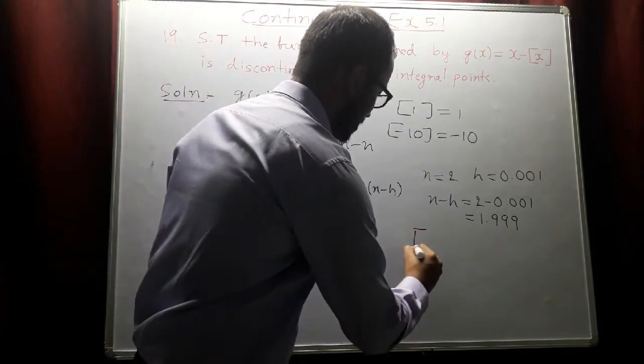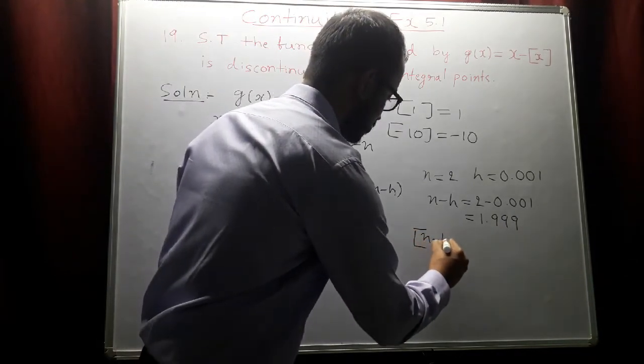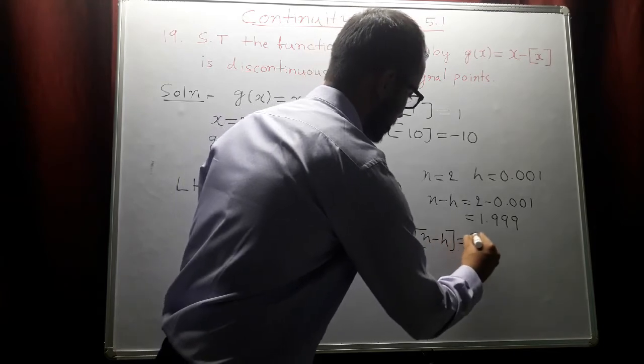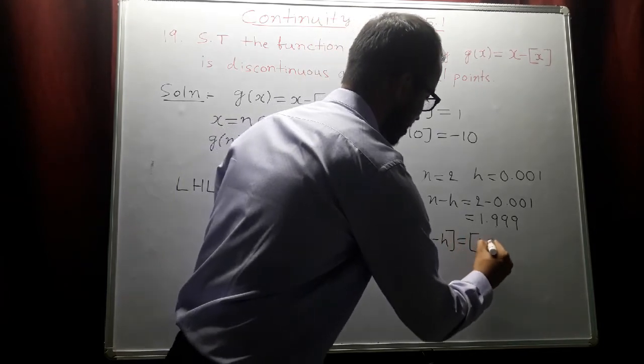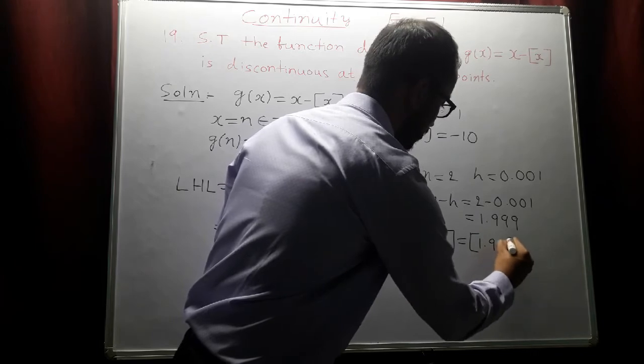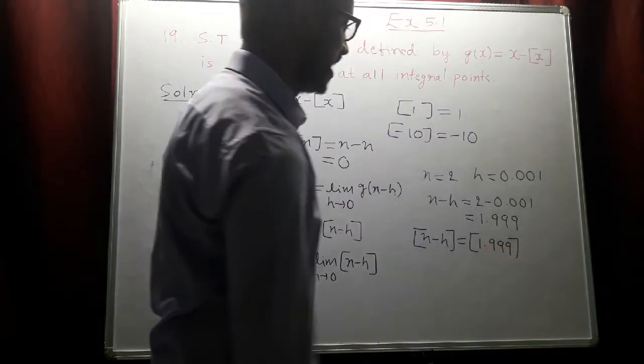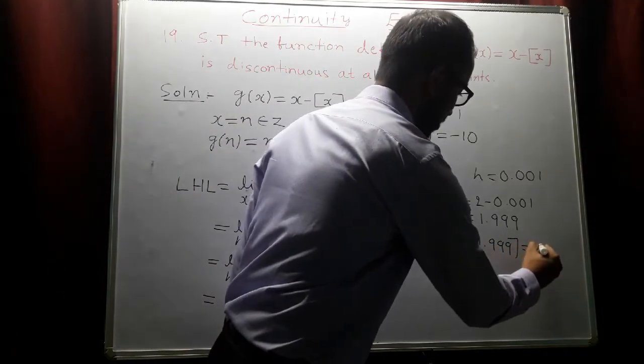Then greatest integer less than or equals to n minus h is the greatest integer less than or equals to 1.999, so that is 1.